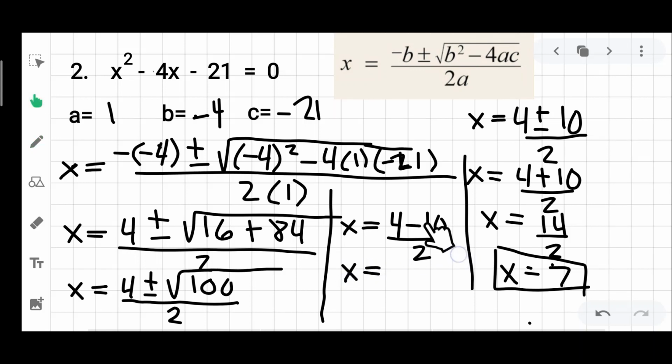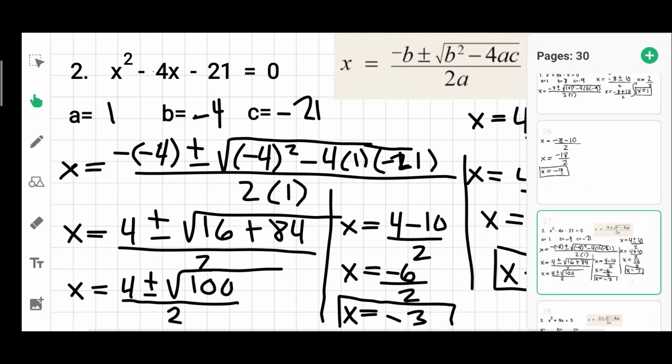Okay, different sign. We subtract 10 minus 4. The answer is 6. Then, copy the sign of the biggest number divided by 2. So, x equals negative 6 divide 2. The answer is negative 3. This is our second solution. So, bakit negative? Kasi magkaiba ng sign.